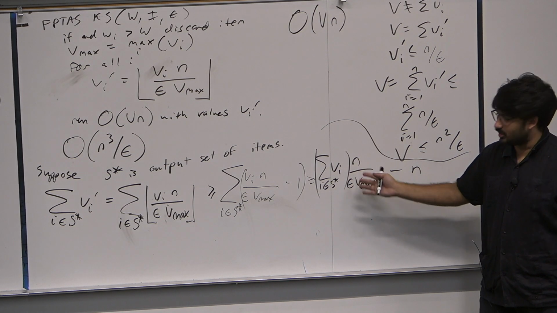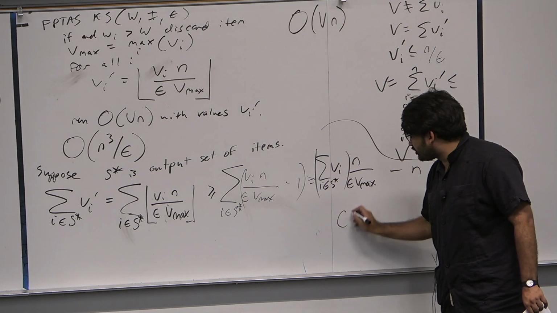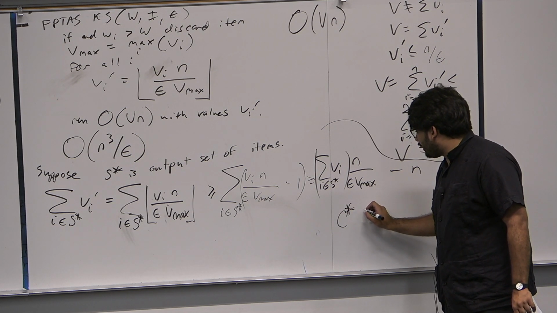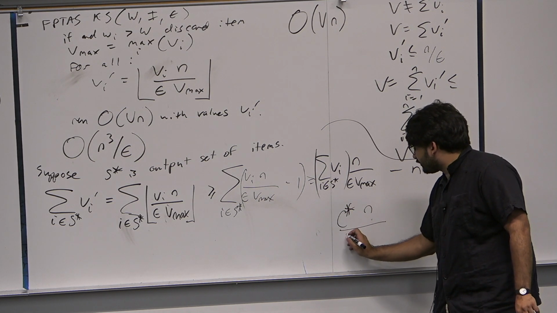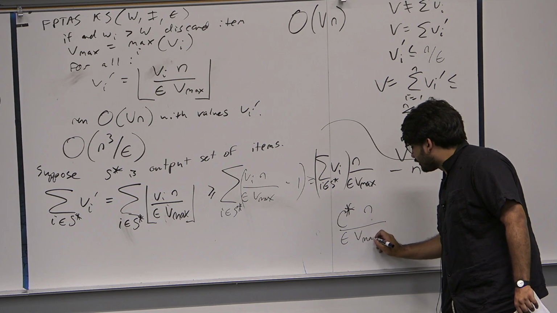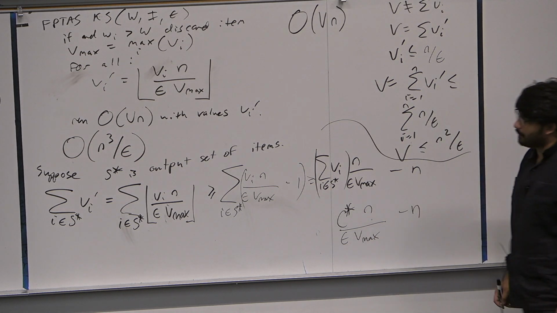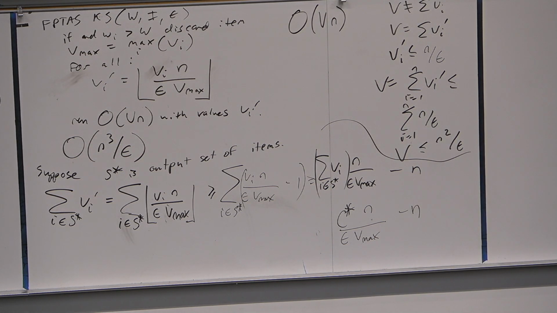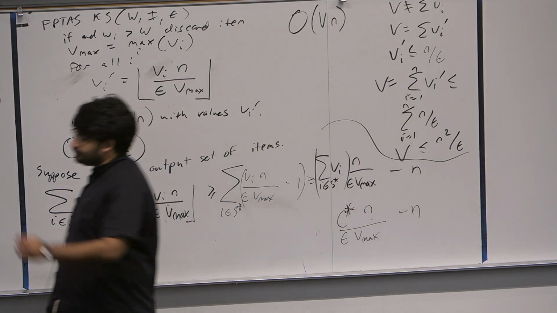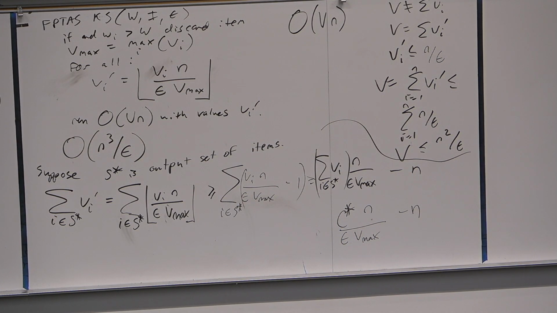It's the optimal solution, exactly. This is just, we'll call it C star, n over epsilon v max minus n, okay? So just hold on to that for a second, but keep that there. We're going to use that to argue about the ratio between the optimal and the output.